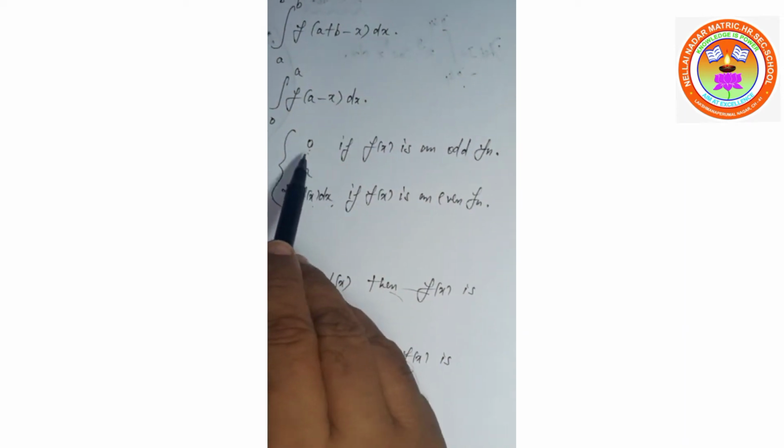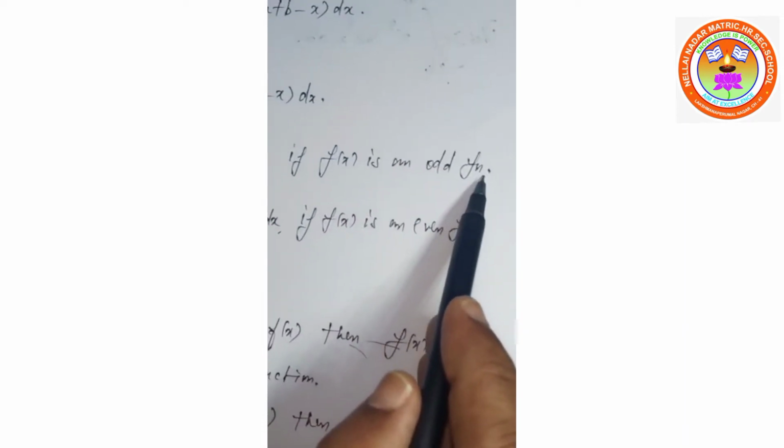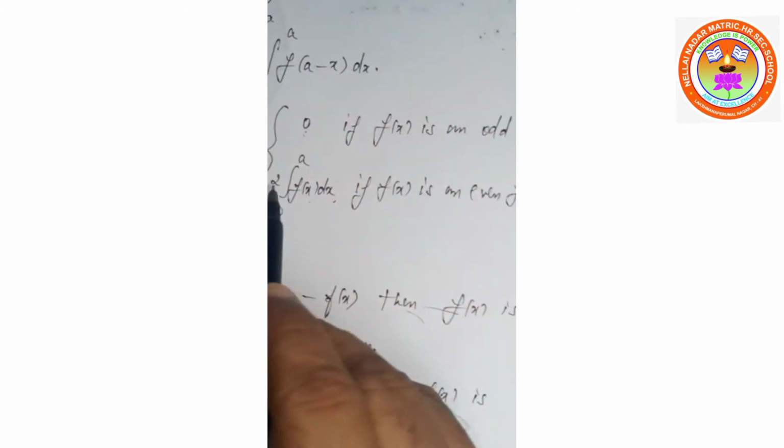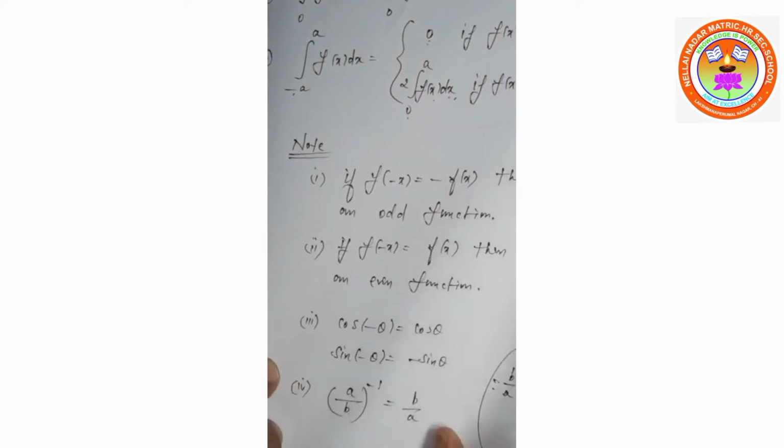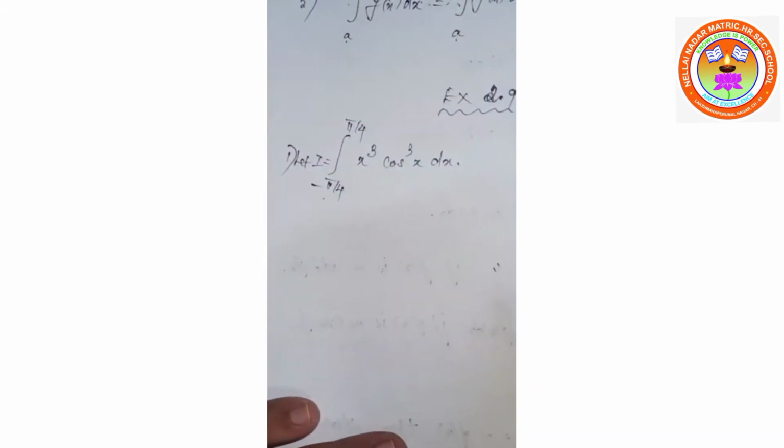It is 0 if f of x is an odd function. If f of x is an even function, it is 2 times integral 0 to a f of x dx. So you have to verify whether the given function is odd or even. I have given the note also. Okay, we can verify it.